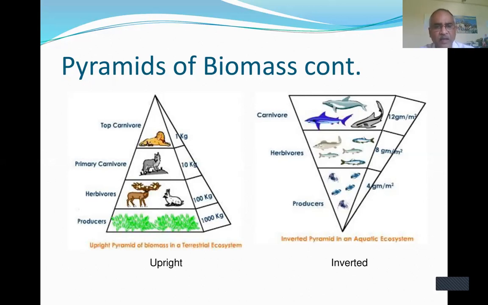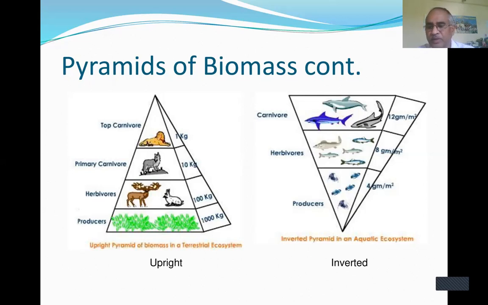They are still lighter in weight, and then finally, we have top carnivore, which is lion. So all these producers, grass and other small plants, they start at 1,000 kilograms, and then by the time it reaches the herbivores, they'll weigh 100 kg, and then primary carnivores it becomes 10 kilograms, and then finally top carnivore it would become 1 kilogram of biomass.